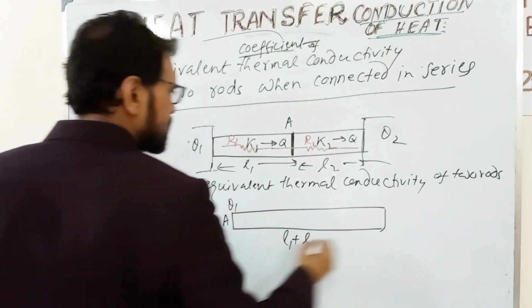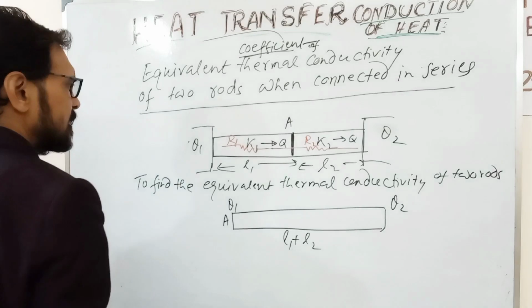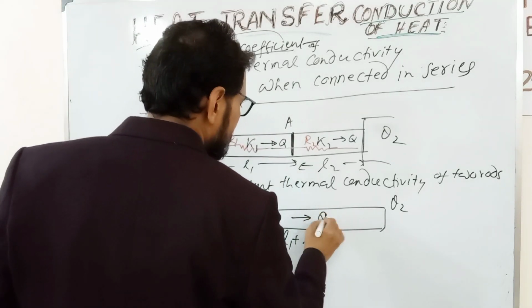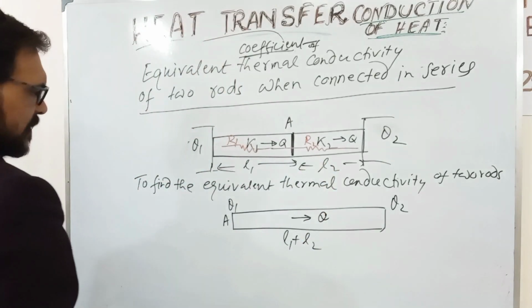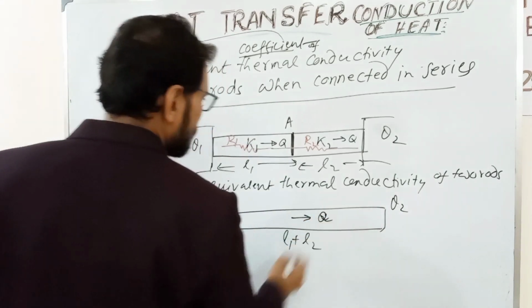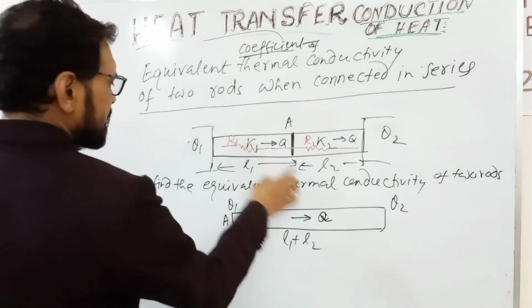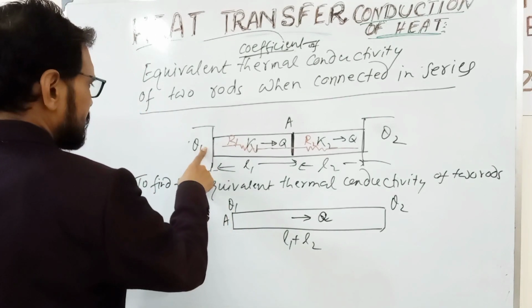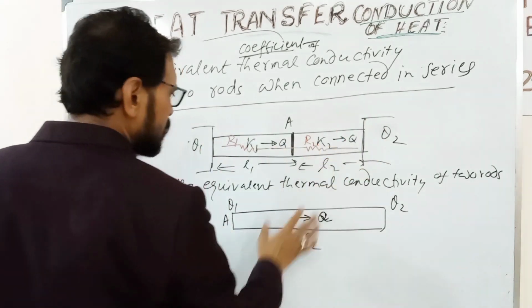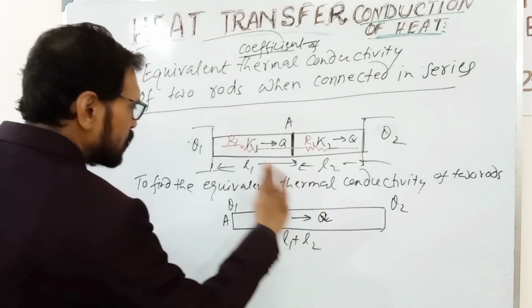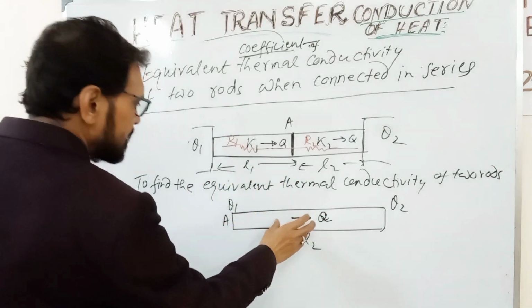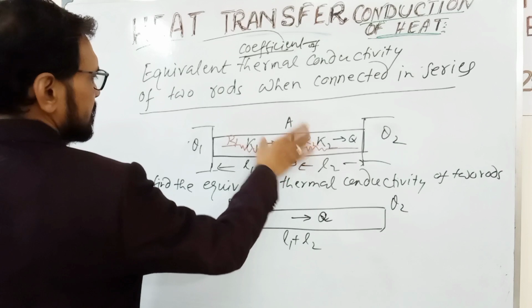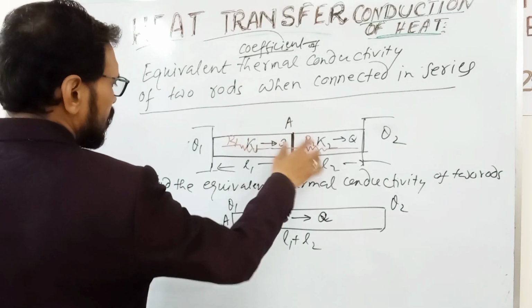So the temperatures theta1, theta2 are all the same, and the rate of heat flow is also the same. If the length is L1 plus L2, the cross section area is A, and the temperatures of the hot and cold ends are also the same, with the same rate of heat flow, then we can say that this rod is equivalent to the two rods.